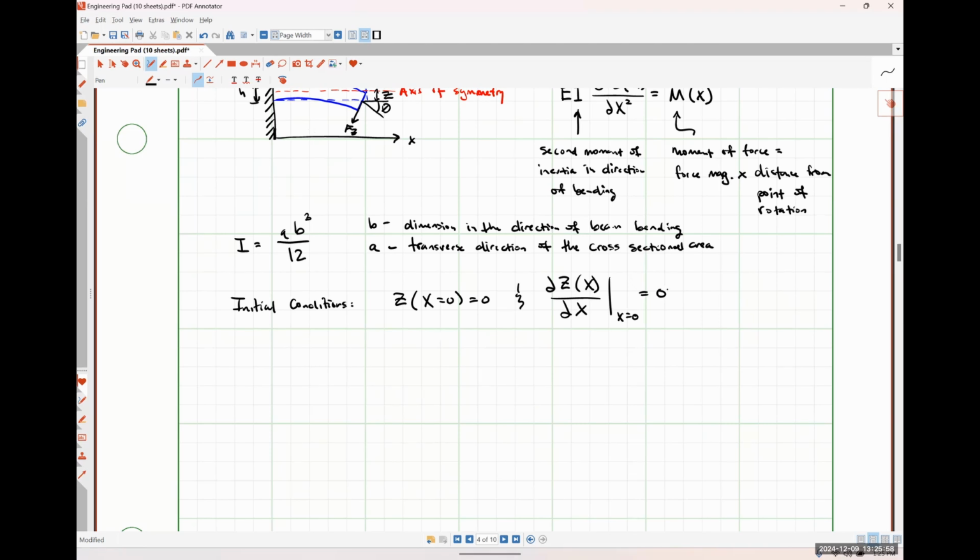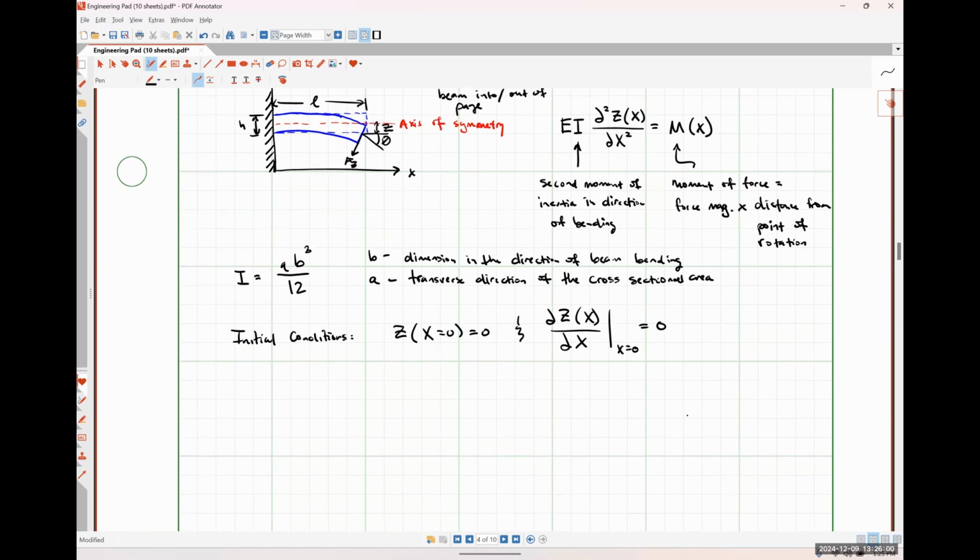So using these two initial conditions and our second order differential equation, we can solve for a function that tells us how our beam is deflecting, right? All we're going to do is rearrange this equation and effectively integrate twice, okay?